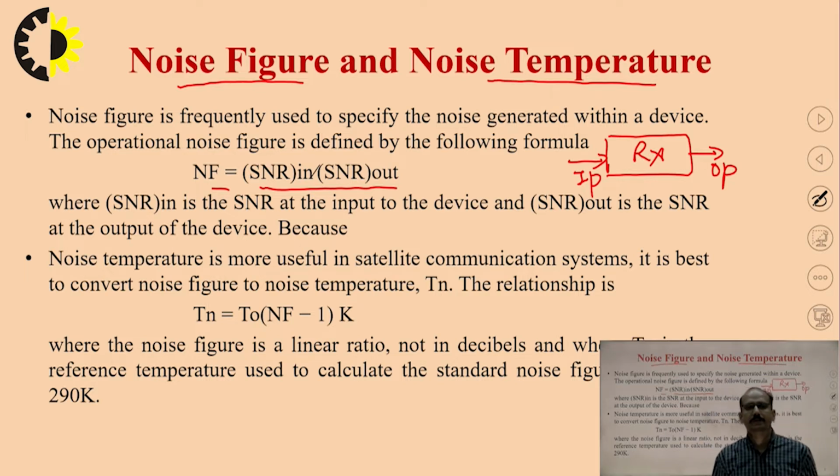So the noise figure value should always be 1 or less than 1. Noise figure is frequently used to specify the noise generated within a device, and the operational noise figure is defined by the following formula.